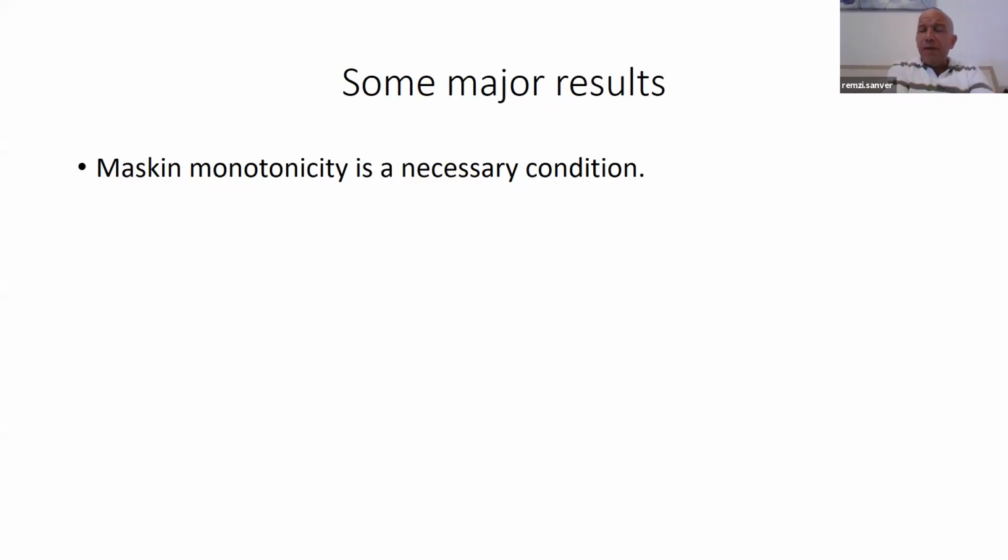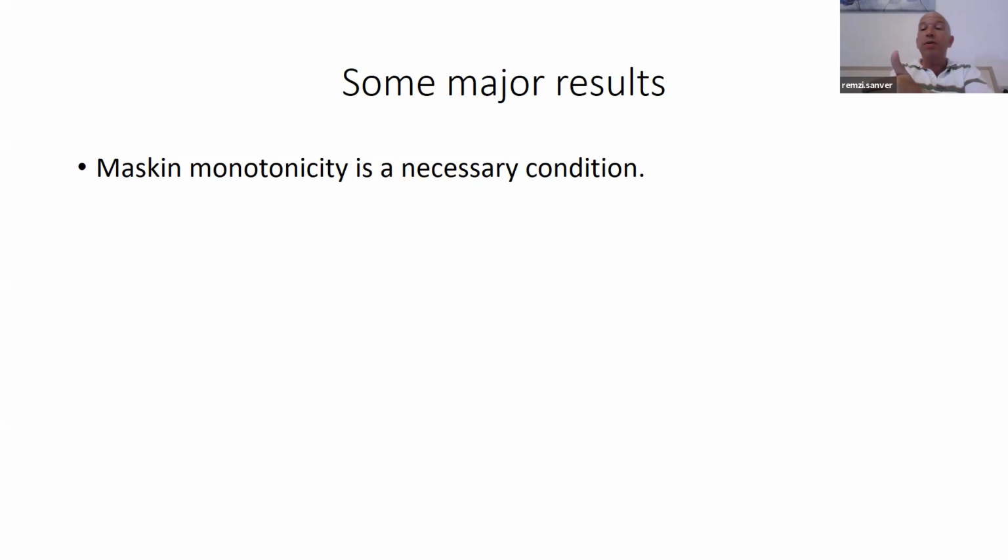When do we say that F is Maskin monotonic? Well, this is the condition. Suppose that some X is chosen by F at some profile. Now we go to another profile, and at this new profile, for every voter, the alternatives which are no better than X are still no better than X. So the lower contour set of X in the new profile for every voter is either the same or expands.